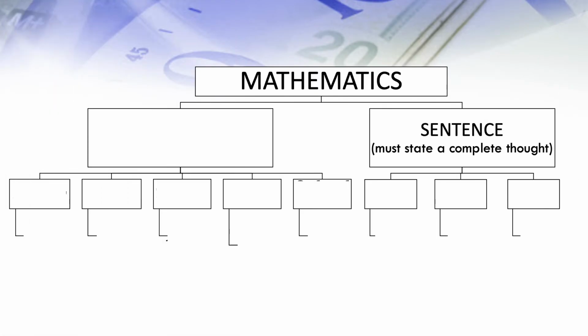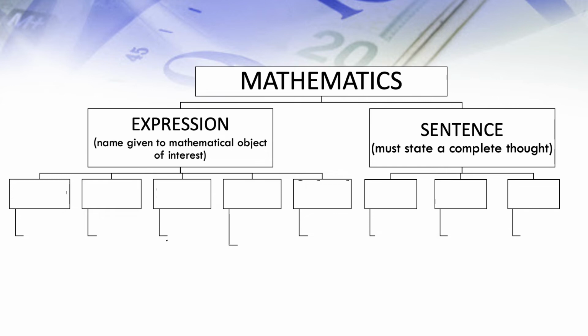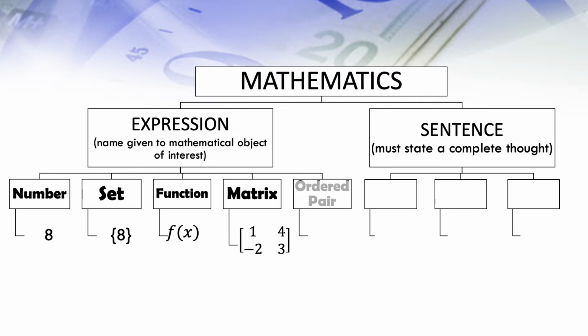So, i-relate natin ito in mathematics. So, yung mga nouns na meron tayo, no, are name given to mathematical object of interest. So, instead of nouns, we are referring to expressions. Okay? So, they may be numbers, they may be a set, a function, a matrix, or ordered pairs.